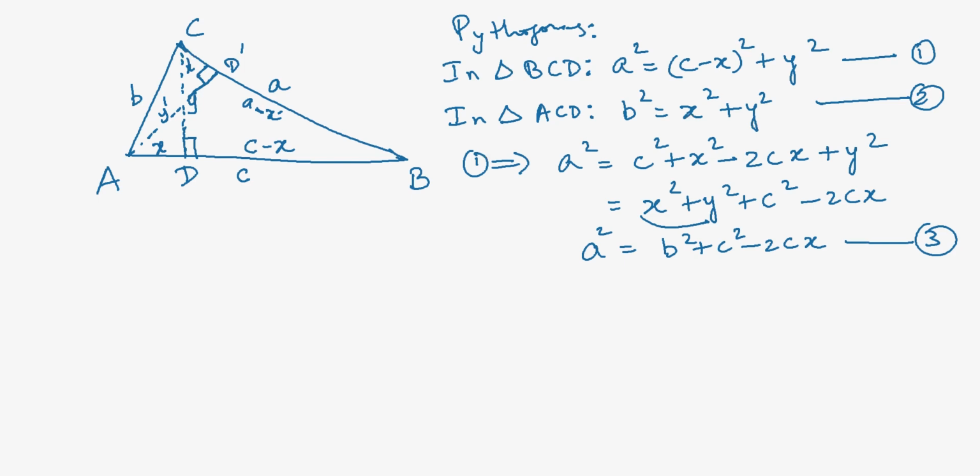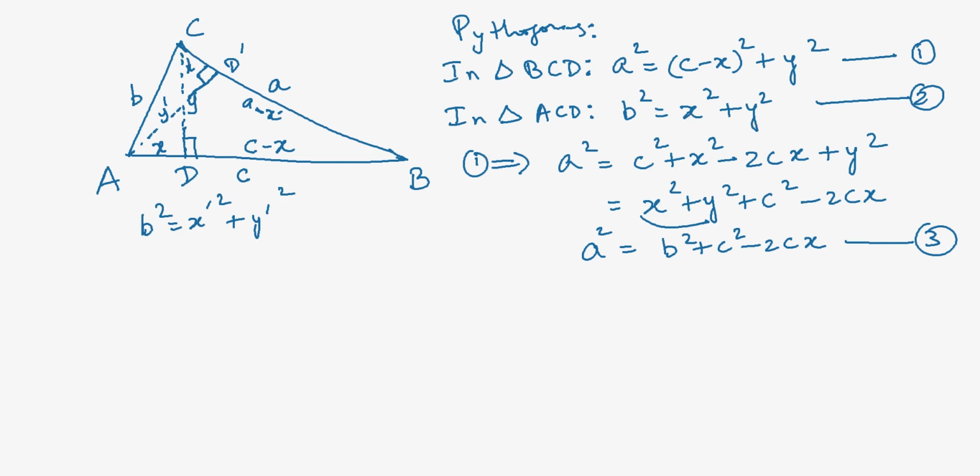B squared is still x prime squared plus y prime squared, right?